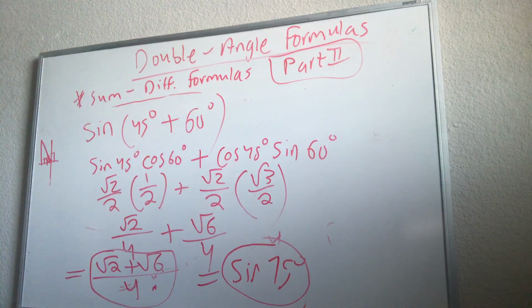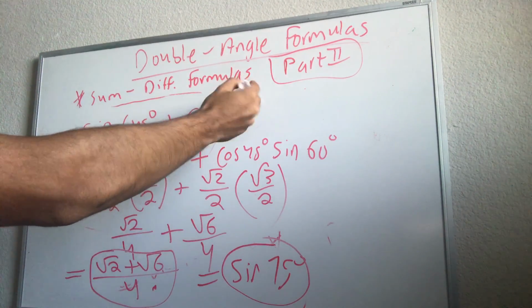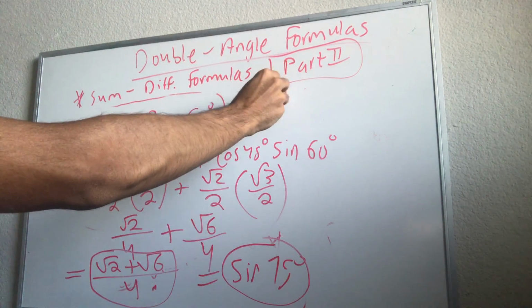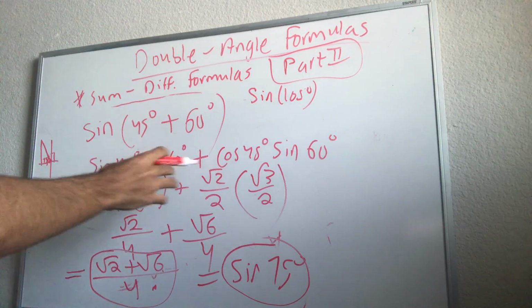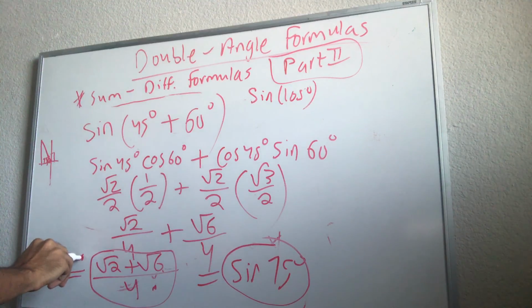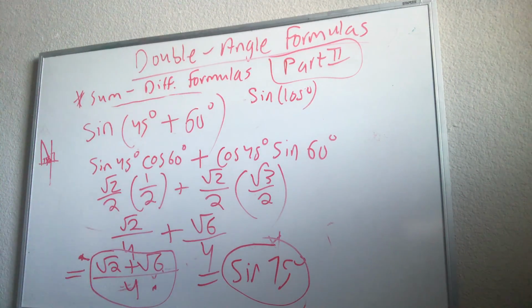And so we have used the sum and difference formula for sine to evaluate sine of 105 degrees. So if you're given a question like evaluate sine of 105 degrees, think about angles that you can split 105 degrees into. You can split 105 degrees into 45 and 60, and then further evaluate using this formula, and you will see that your answer is root 2 plus root 6 all divided by 4.